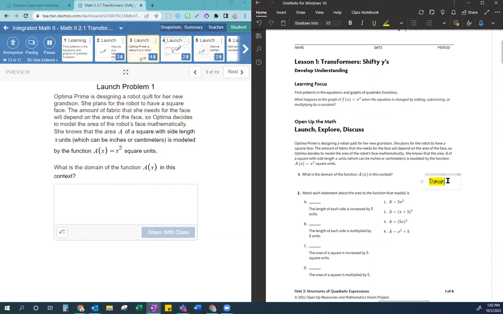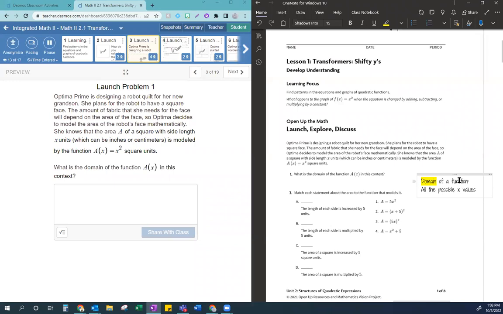Okay, so when I talk about the domain of a function, it's all the possible x values. And I'm going to say this over and over again. This is going to be one of those things that you'll see over and over again. In integrated 1, you probably saw it. In integrated 2, you'll see it again. In integrated 3, you'll see it again. And in classes beyond this, you'll see it. So domain, it's all the possible x values that you can use.